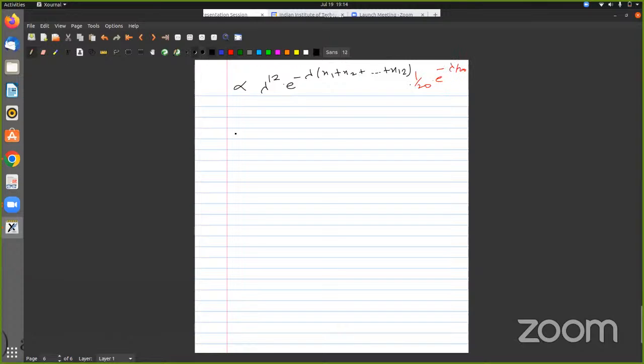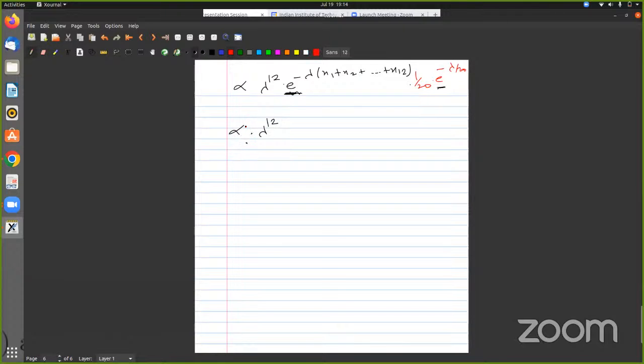Now here e to the power minus lambda, and these are two same bases, right? There is no same base for lambda, so I'll write lambda to the power 12 and 1 by 20 here.